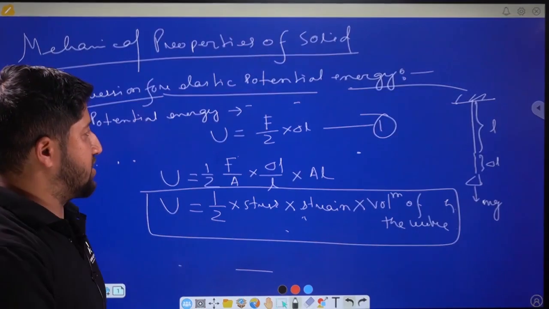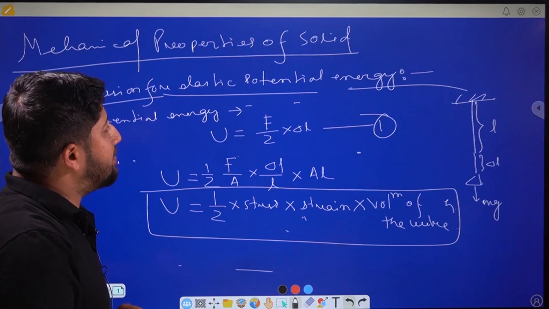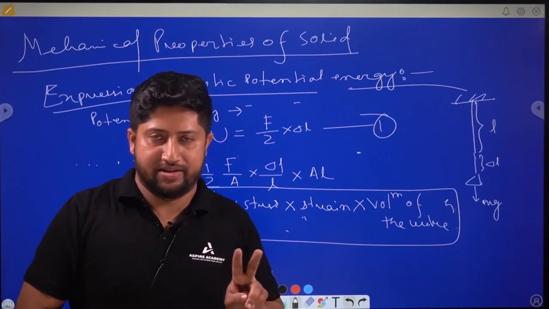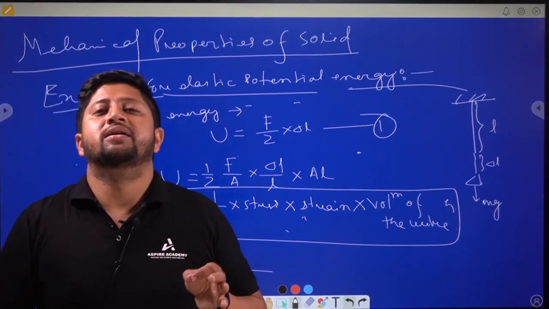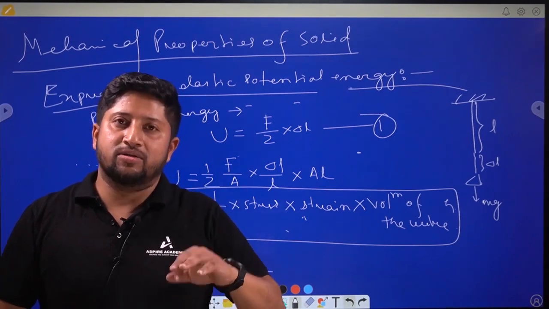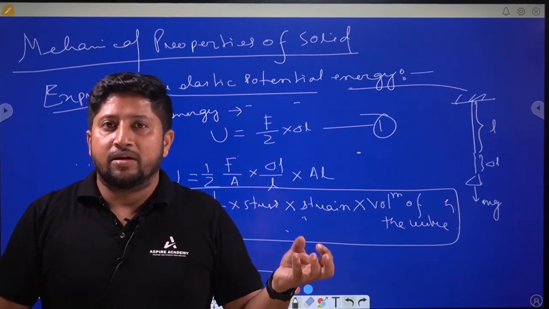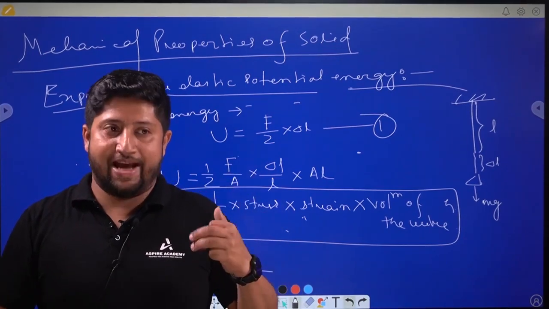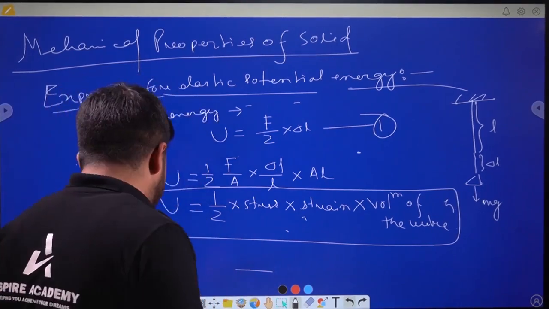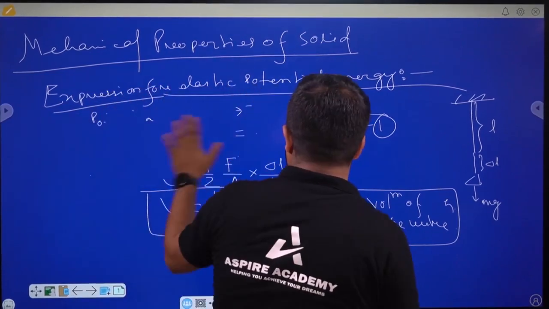This is another expression for elastic potential energy. So in the exam, two questions arise. First, express the elastic potential energy, and another question is express the elastic potential energy per unit volume. Then how can we express this equation?